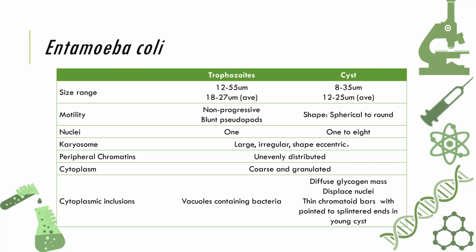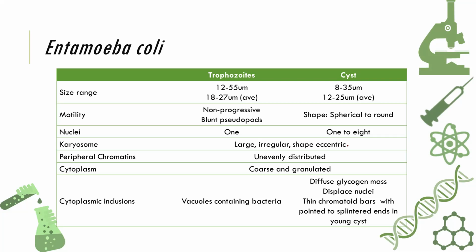Now, Entamoeba coli is the most common commensal parasite that causes infection. All commensals can cause infection, but among them, the most common is Entamoeba coli. Okay? At 18 to 27 micrometers, the cyst of Entamoeba coli is larger than our Entamoeba histolytica.